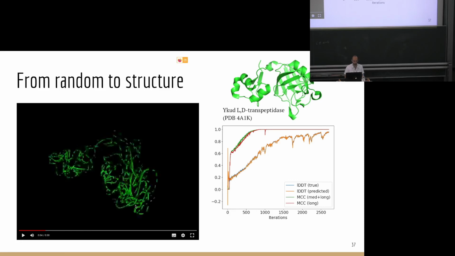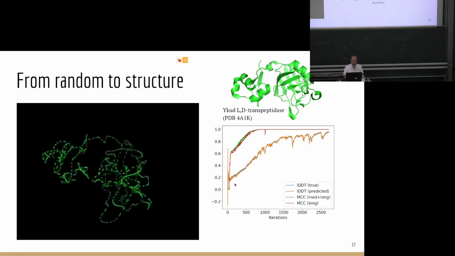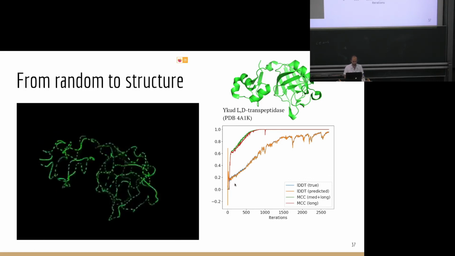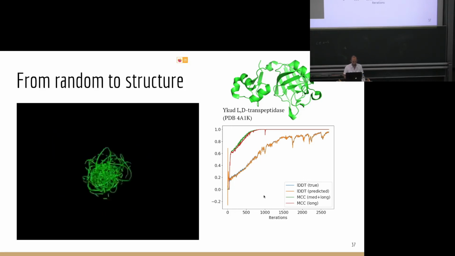This is what I found very interesting because I thought it would first go for local structural elements like secondary structure and fold those first, that maybe helices would appear first. But actually what it does is it separates those two subunits first, which I found quite interesting. This might have to do with the fact that it's just overfitting on one sample. It might look different if we're training on a couple more, but it's still an interesting observation I wanted to show you.